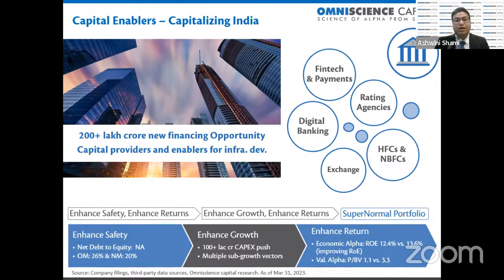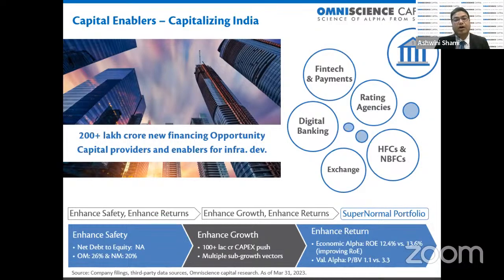There are certain specialized NBFCs, which take care of railway infrastructure or housing or urban development, or power projects and so forth. And then there are generic banks, right? So NBFCs, banks. Around that there is a whole ecosystem of rating agencies, exchanges, and specialized fintech companies.